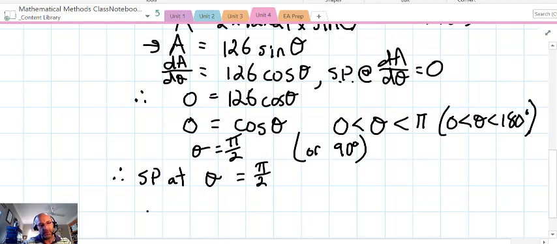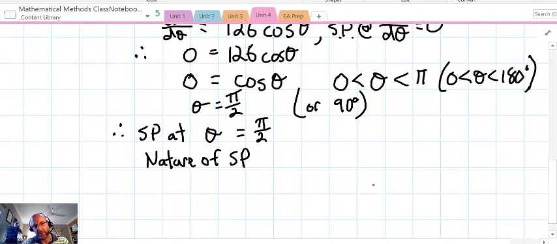Now we know where it is, we need to find the nature of the stationary point, and the quickest way to do that is the second derivative. So we need to find d squared A d theta squared.